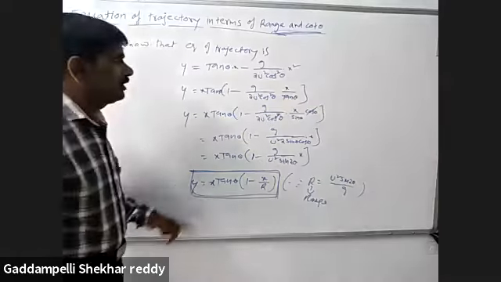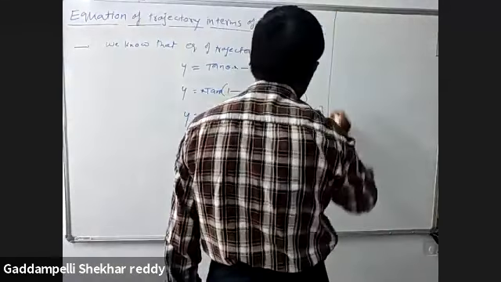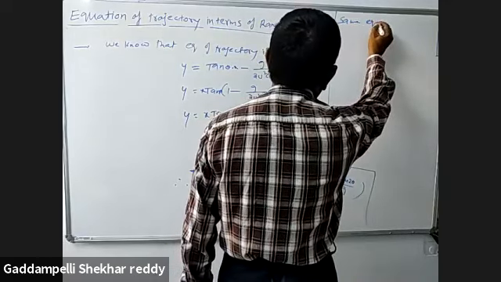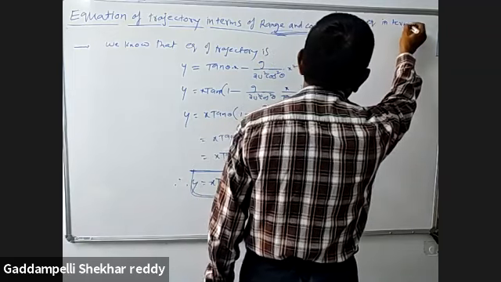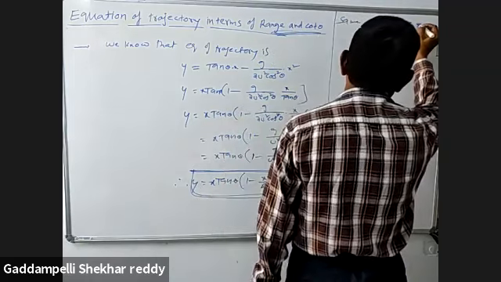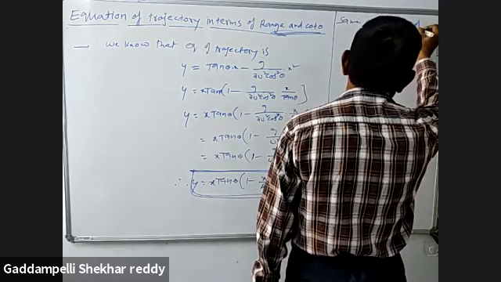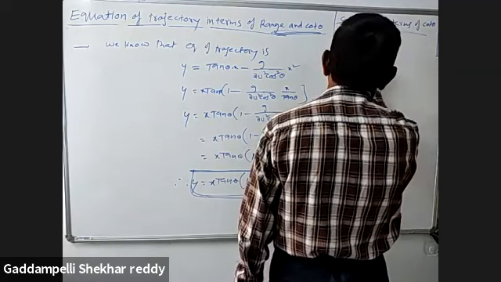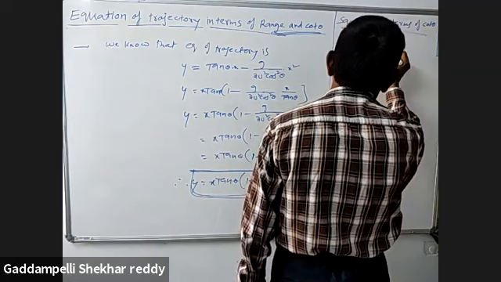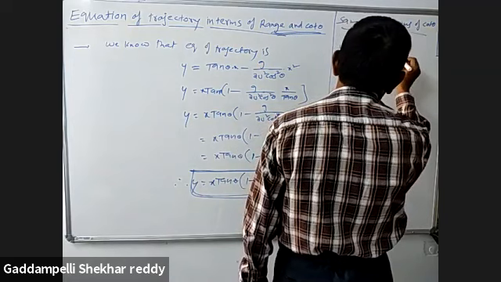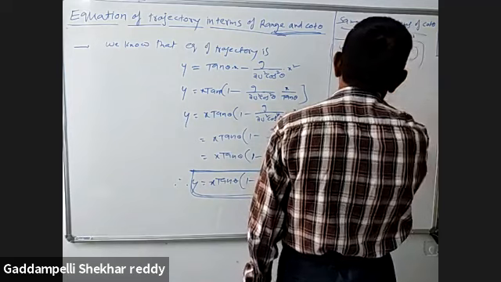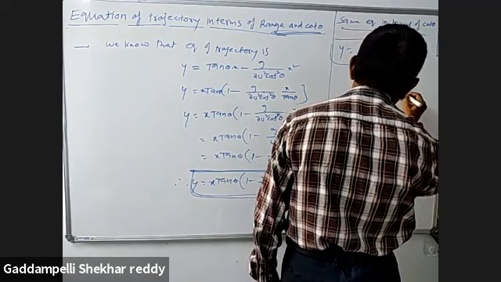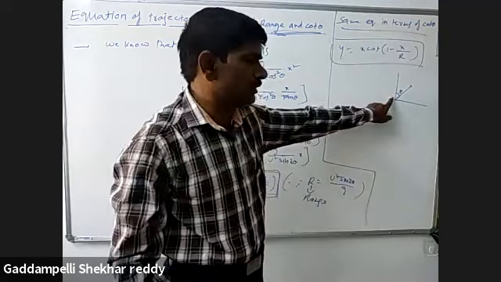The same equation in terms of cot theta is y is equal to x cot theta into 1 minus x by R. This condition is applicable if the projectile is projected upward making an angle theta with the y axis, the vertical direction.